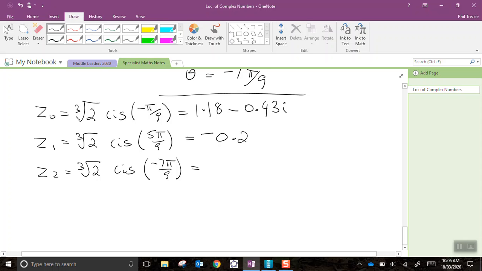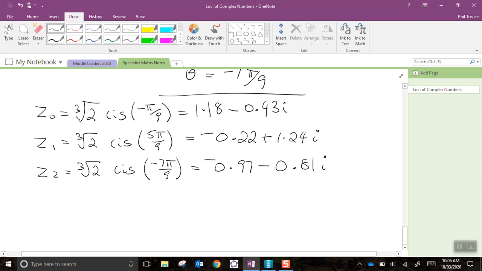I had negative 0.22 plus 1.24i for that one, and I had negative 0.97 minus 0.81i.